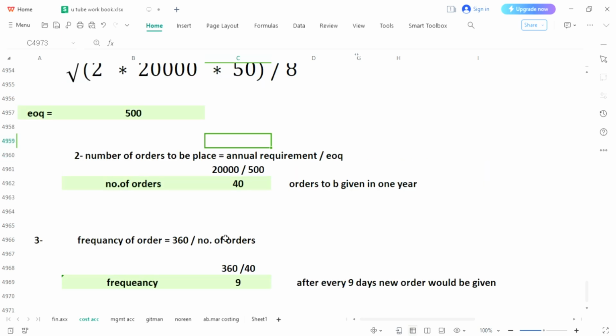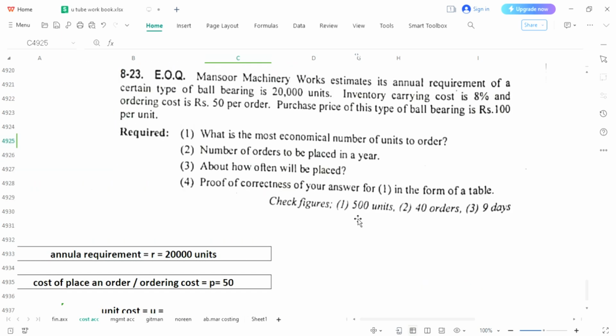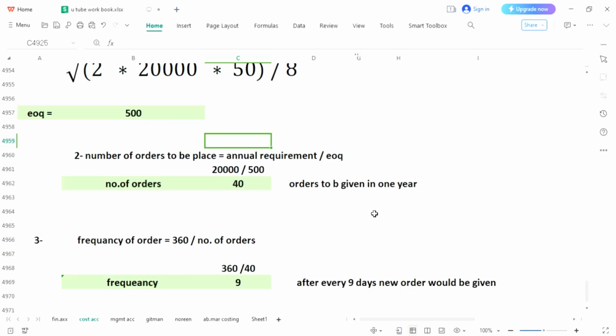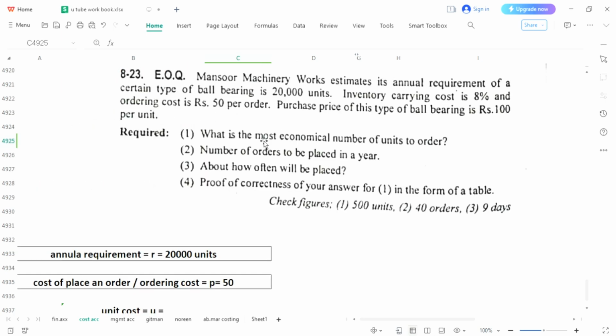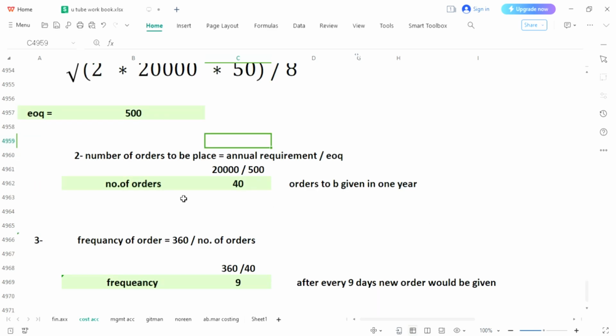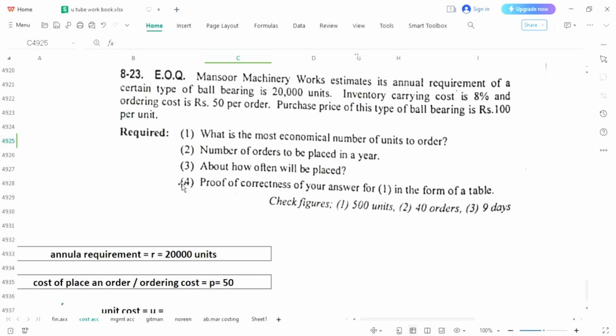All four parts are completed. The first part was economic order quantity, 500. The second part was number of orders, 40, which you have calculated. Then the third part was how often, meaning frequency, and that was 9.